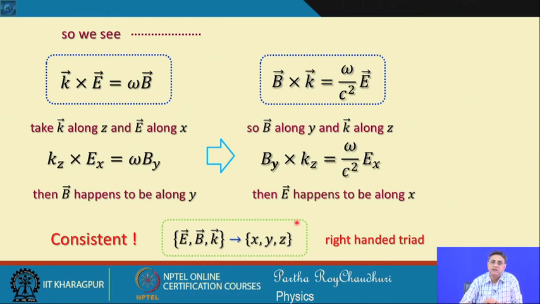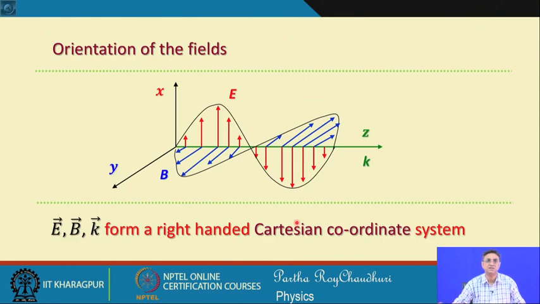Because the electric field and magnetic field are always perpendicular to each other and also perpendicular to the direction of propagation, the wave is a transverse wave. So, this is how we can also look at the transverse nature of the electromagnetic waves in the free space.